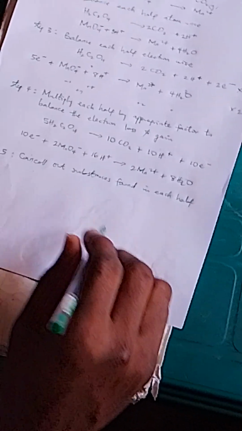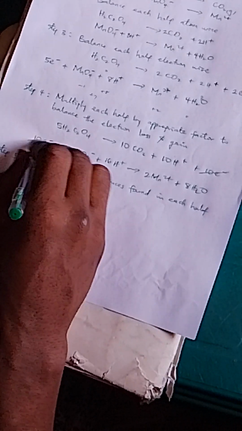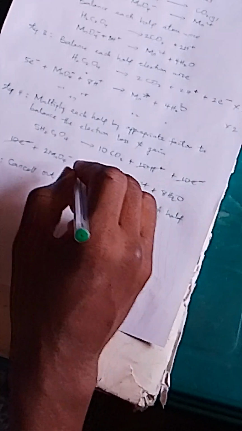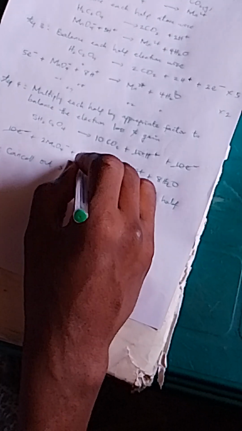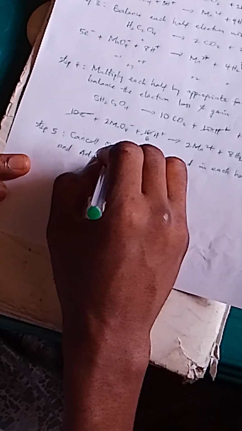So what are the substances found in each half? Electron is here, so cancel this electron, cancel this electron. What's also found there? Hydrogen is found here, hydrogen is found here. If I cancel 10 out of 16, we have 6 left. Alright, after cancelling out, I will now add them together.